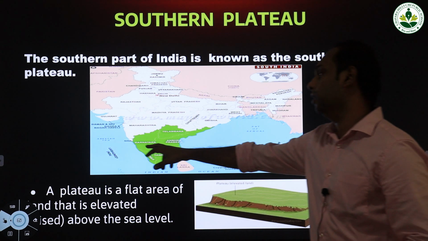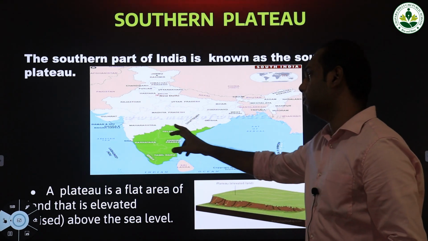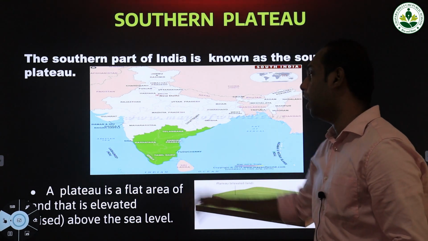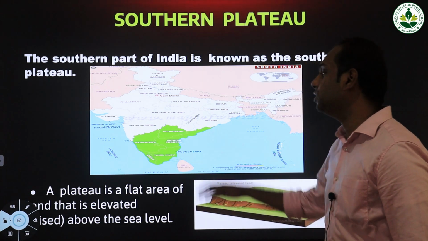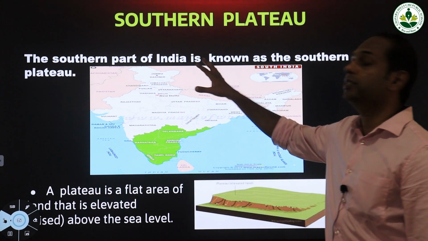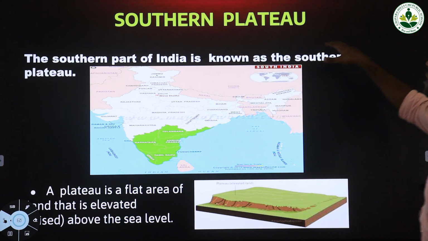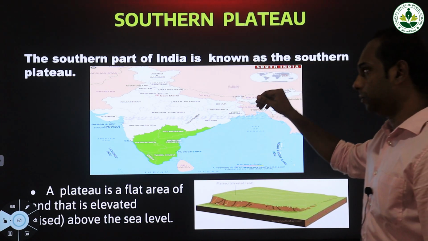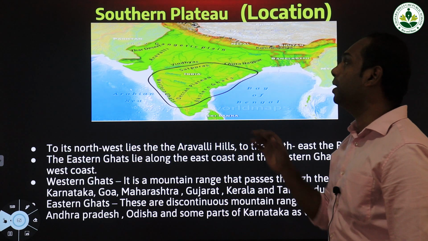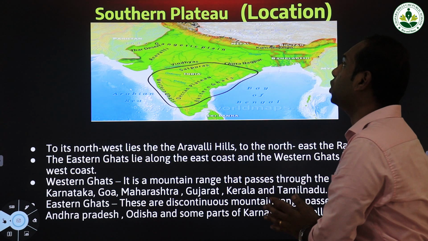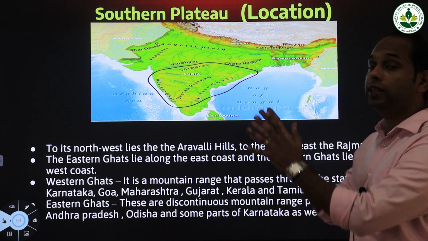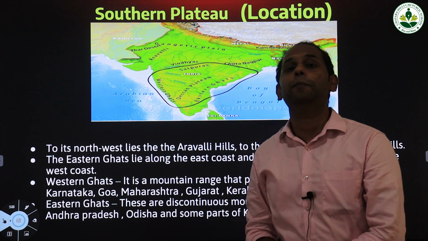And this area, all this area, the southern part of India, is elevated land from the sea level. That's why the southern part of India is also known as what? The Southern Plateau. Now we'll be studying what are the major features of this Southern Plateau. What all things are there in the Southern Plateau?